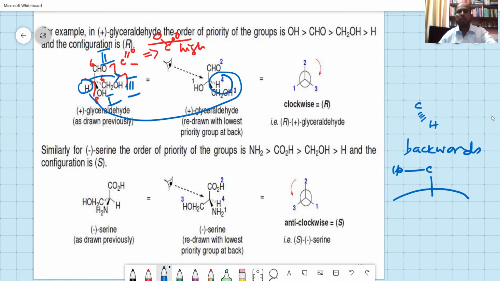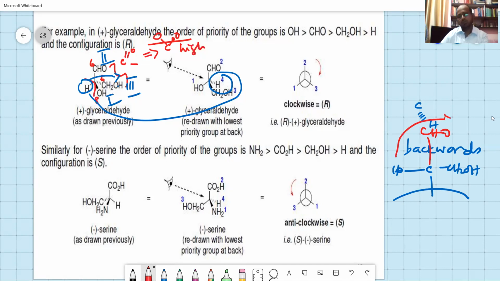This OH is there, and then what is that? Next is CH2OH. So it turns out that OH, CHO, CH2OH, R configuration, clockwise. As in the R.